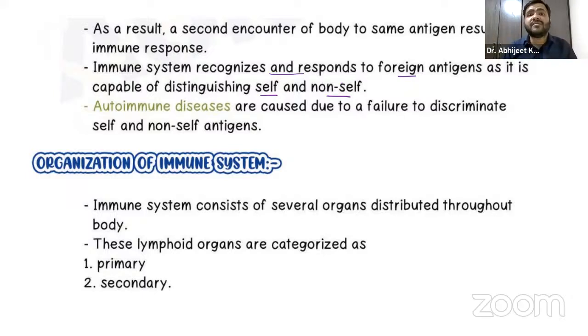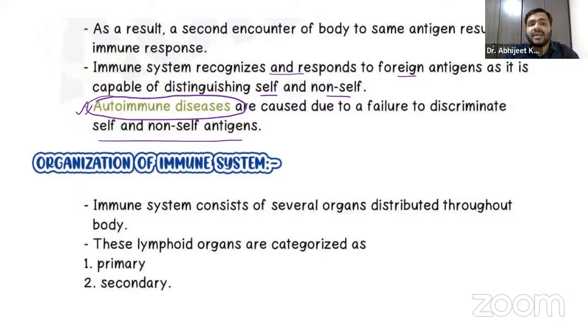Autoimmune diseases are caused due to failure of discrimination of self and non-self antigens. When our own body starts reacting to our own antigen, that will lead to autoimmune disorders. I'll be coming to the autoimmune disorders in a bit.